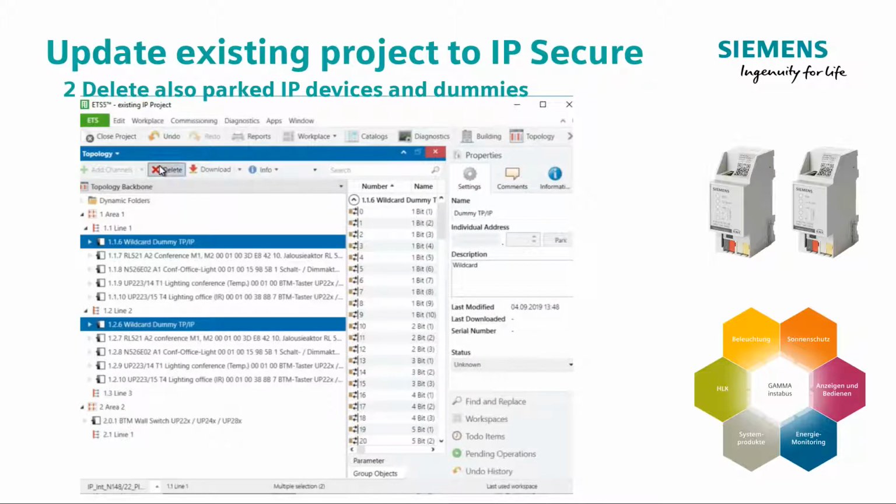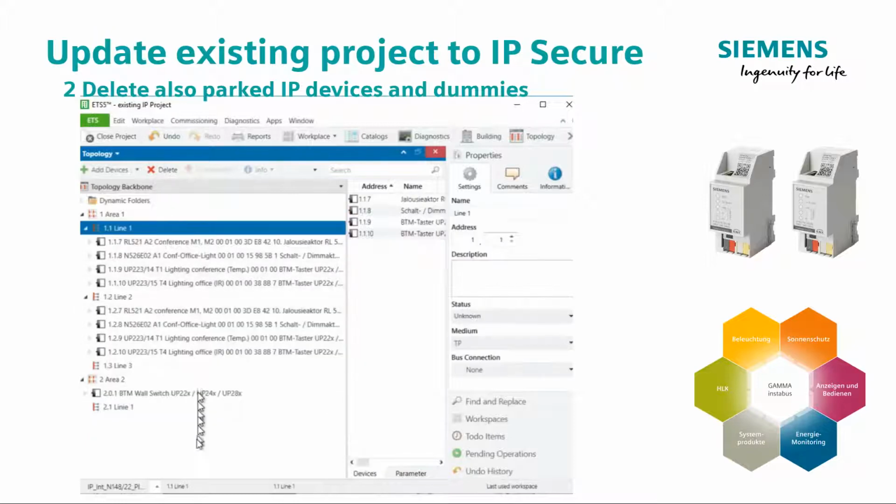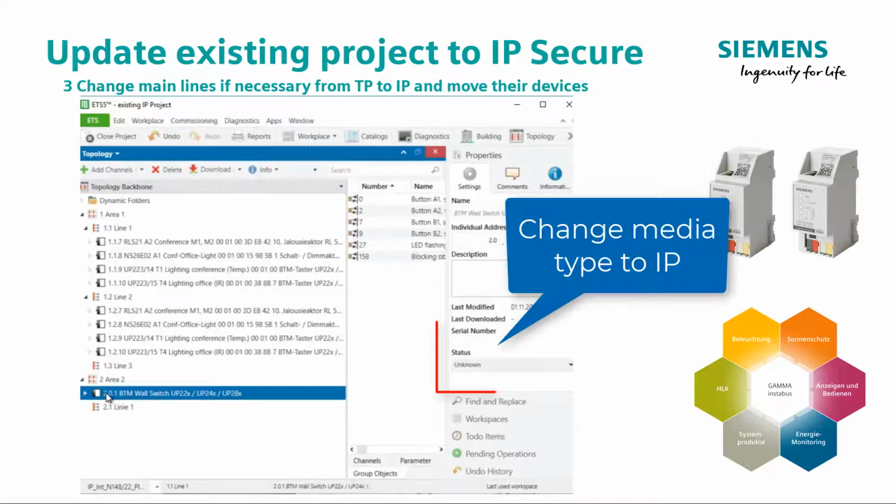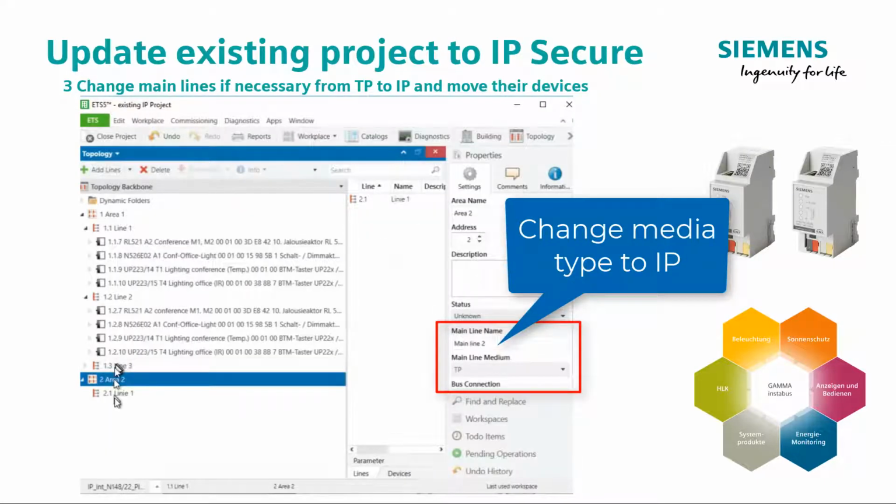Do not leave parked IP devices or virtual IP devices, dummies, in the project, but delete them as well, as they are now obsolete. If TP main lines have to be changed to IP main lines, move the TP devices on them to another line if the system allows, in order to be able to change the media type to IP on the now free main line.